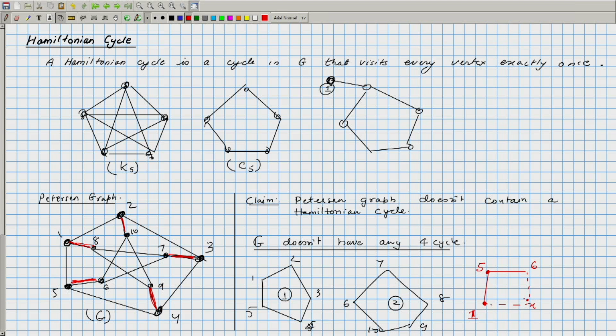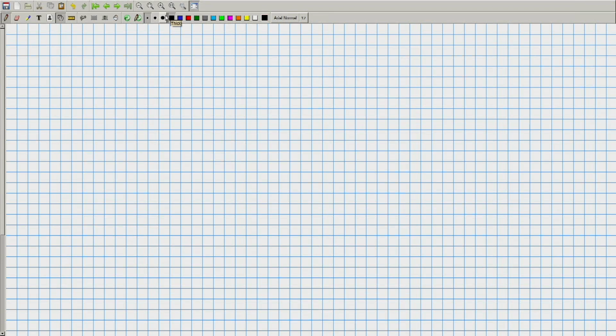Okay. So how is this fact going to help us show that the Petersen graph does not have a Hamiltonian cycle? At the moment we have shown that the graph G, the Petersen graph, does not have a 4 cycle. We need to show that G does not have any Hamiltonian cycle. Now suppose G did have a Hamiltonian cycle, then all the vertices could be traversed in a systematic manner.